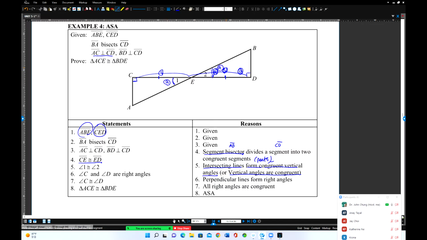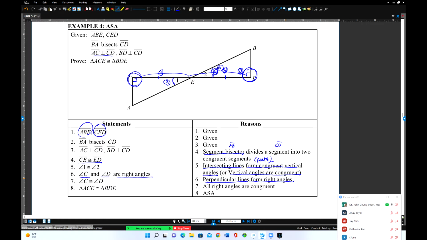We need one more over this angle, right? Because perpendicular is given, what can you say? Perpendicular given means these two angles are right angles. You have to say right angles first. So over here, angle C and angle D are right angles. The reason is: perpendicular lines form right angles. Or perpendicular lines intersect to form right angles.